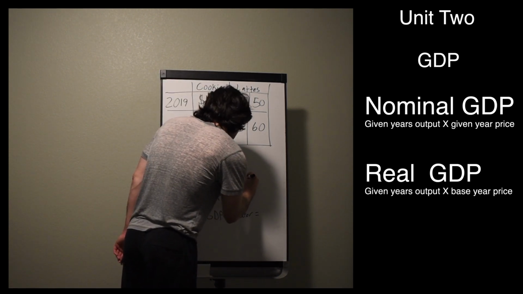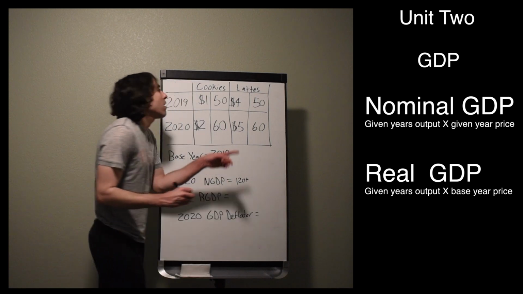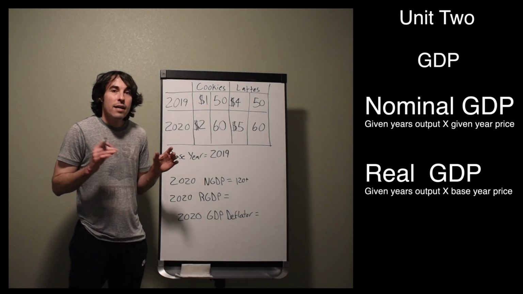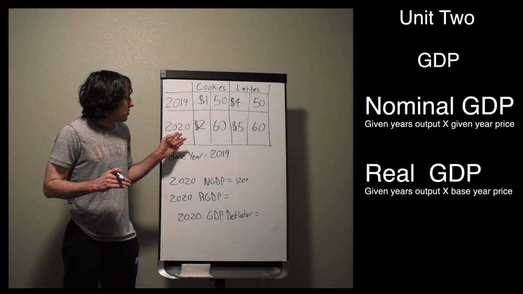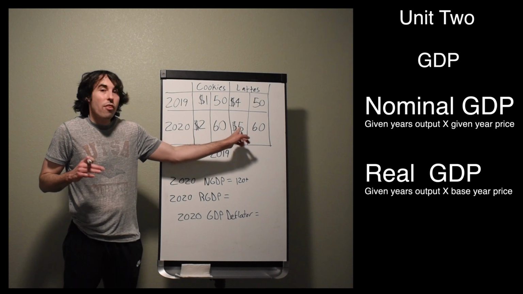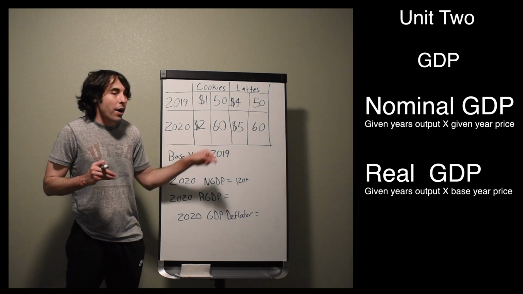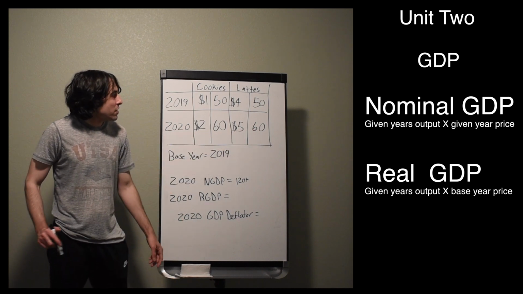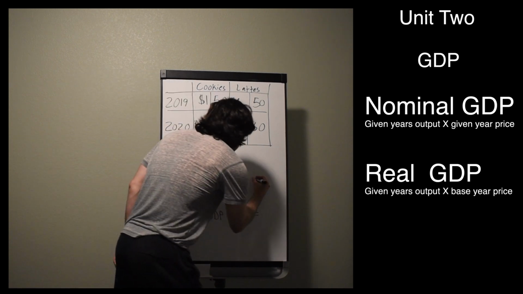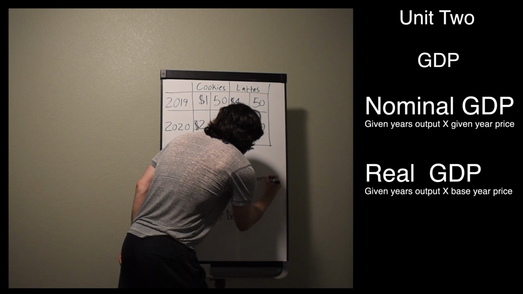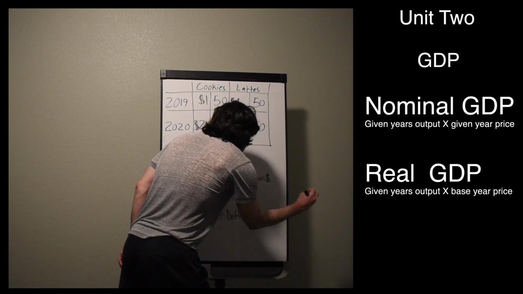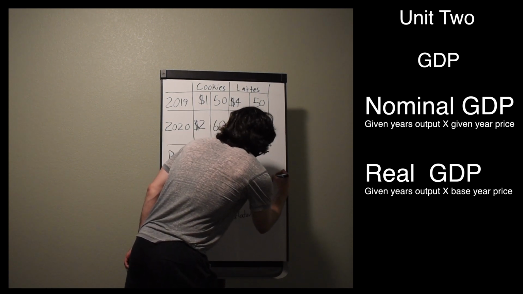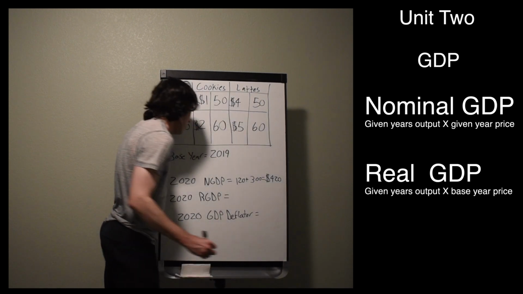And then we're going to add to that how much money we made off of lattes in that year. Again, the current year, the given year's output times the price from that year, because we're not adjusting for inflation, so it's 60 lattes times $5, and that's going to come out to $300. And so the nominal GDP for 2020 is $420.